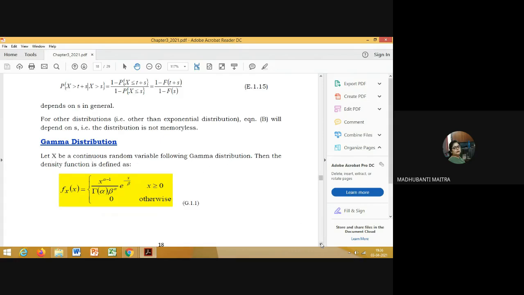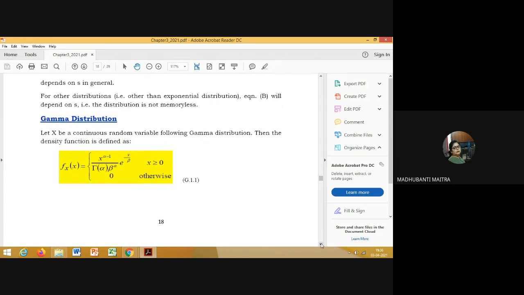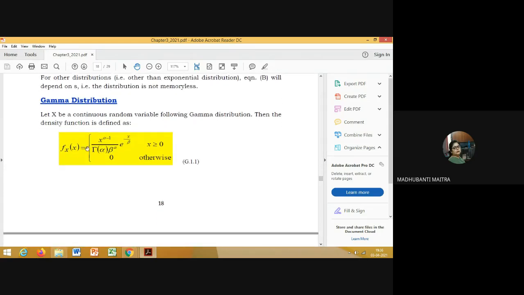Then the density function is given by x to the power alpha minus 1, over tau alpha, where tau is the gamma function, times beta to the power alpha, e to the power minus x by beta, for x greater than or equal to 0, and 0 otherwise. So this is the density function.